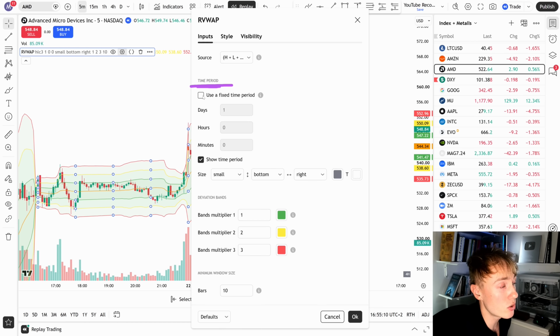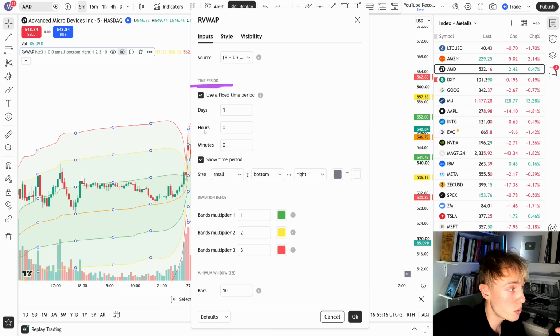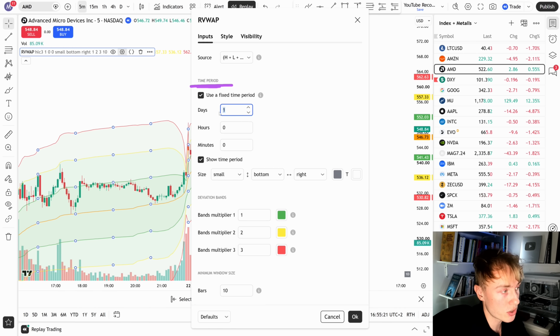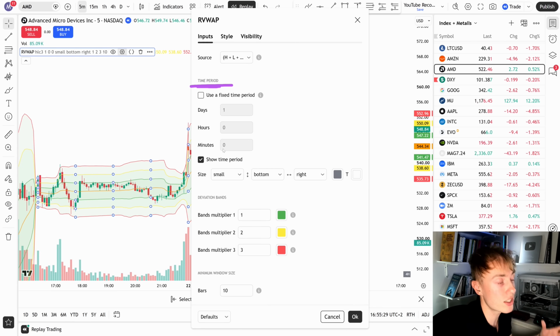So I highly recommend to not check this one unless you are a more advanced trader, because if you press this one, you can choose the look back period on your own. For example, you can choose exactly how many days, do you want 2 days, do you want 3 days, and so on, and how many hours. But as I said, if you want the cleanest version, especially for beginners, I recommend to have this one unchecked.